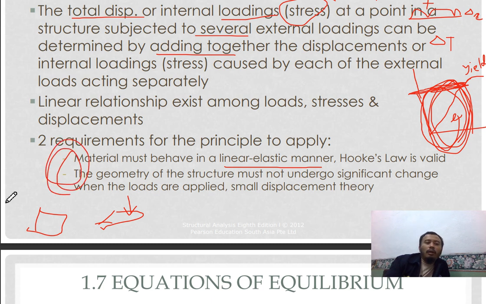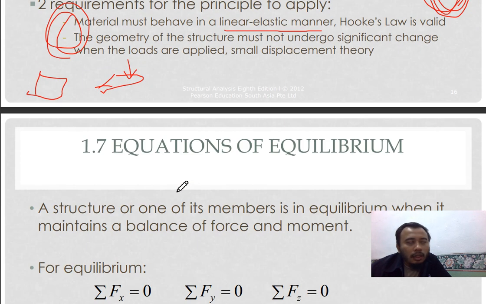These two requirements need to be fulfilled before you apply the principle of superposition. Of course, if you cannot fulfill the requirements, then the analysis may use finite element analysis.